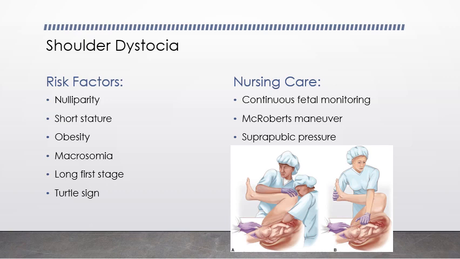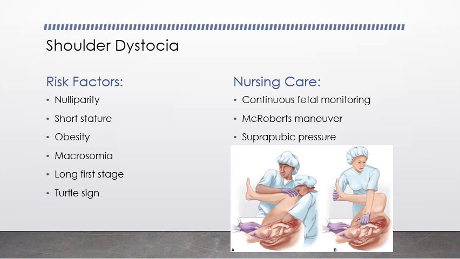That McRoberts maneuver with flexing the hips back and lowering the head of the bed most of the time changes the angles of the baby's shoulders and the maternal pelvis enough to get the baby's shoulders delivered.